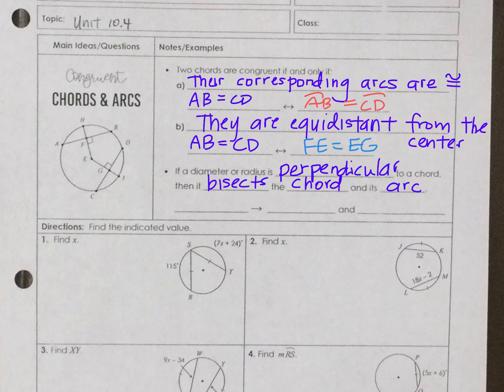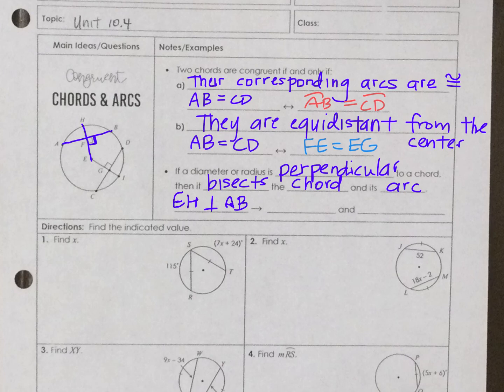And if the diameter or radius is perpendicular to the chord, then it bisects the chord and its arc. So if EH is perpendicular to AB, so EH is right here, we know it's perpendicular. Why? Because it makes a right angle.